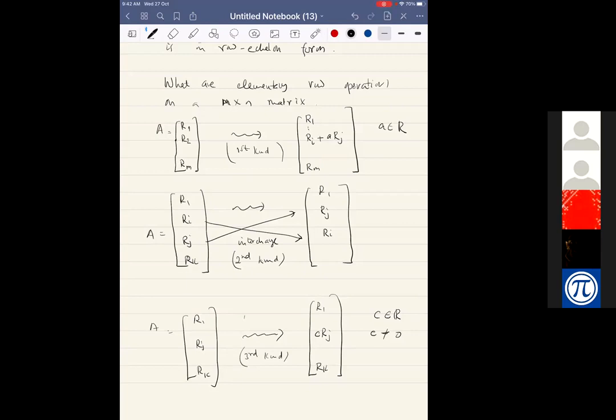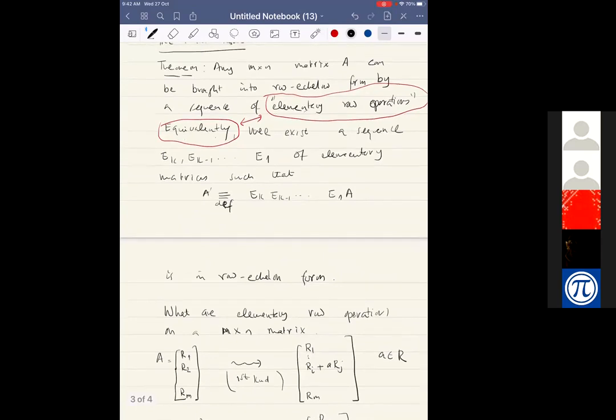And why do I say that this equivalently means that this part is equivalent to this part?